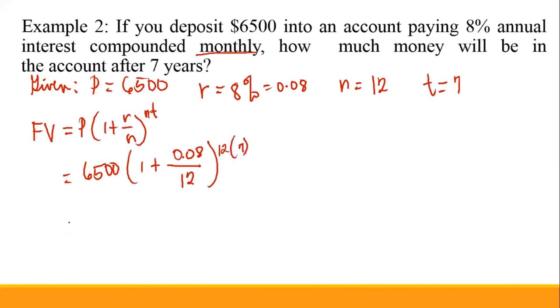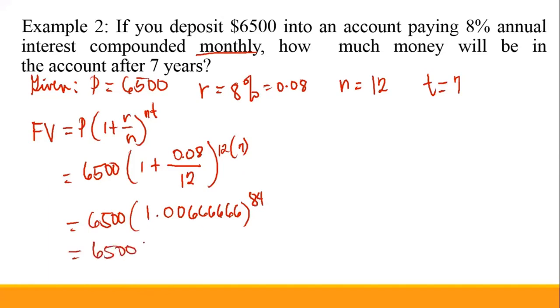So this is now equal to 6,500 times 1.0066666 raised to 84. Yeah, 12 times 7 is 84. So, tuloy lang natin yung calculation natin.